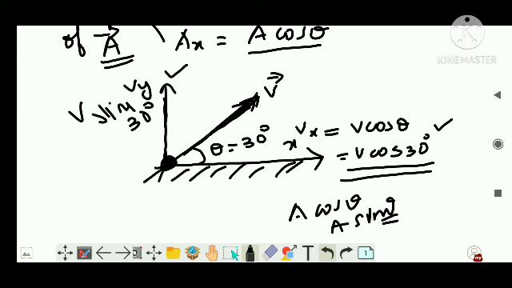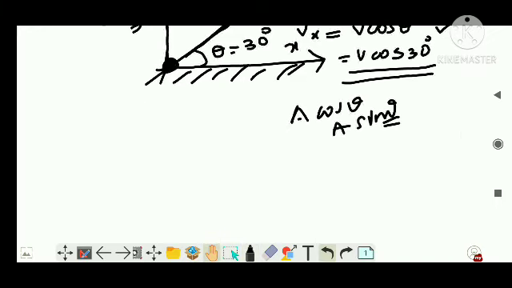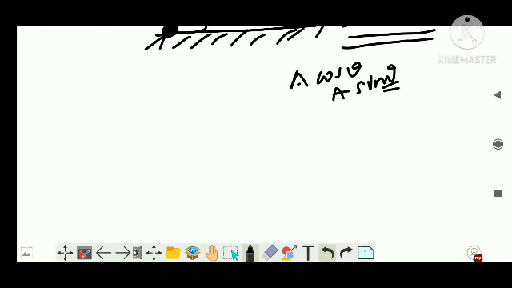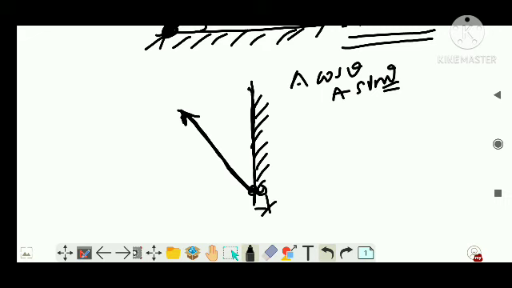Clear? Now some of you guys might be having doubt while doing the problems, which direction will be cos, etc. So here is a trick, guys. Suppose this is a vector like this, and the ball was thrown like this. That is, this is not the ground. Let's say there was a person here, he threw the ball like this from the window, right?